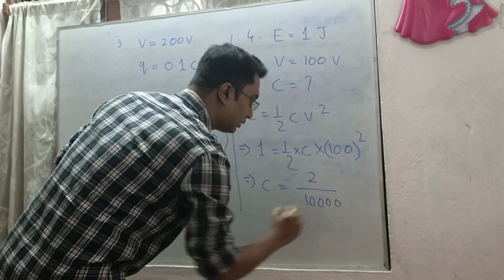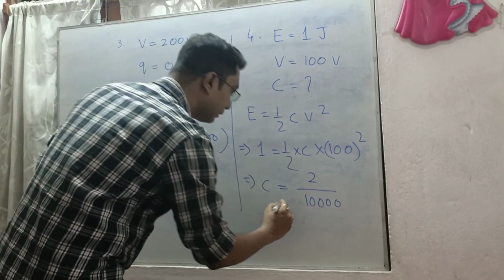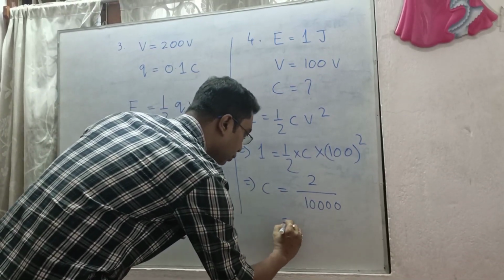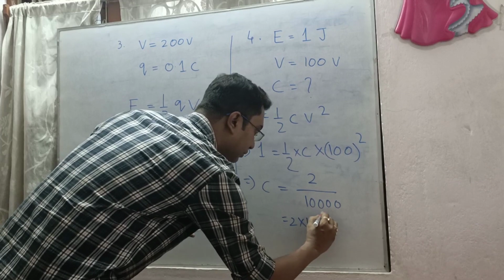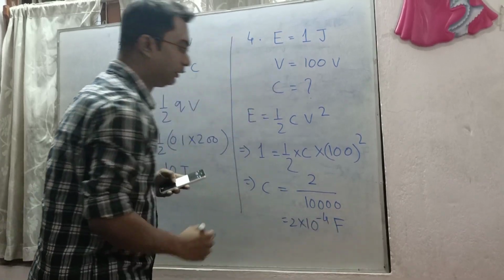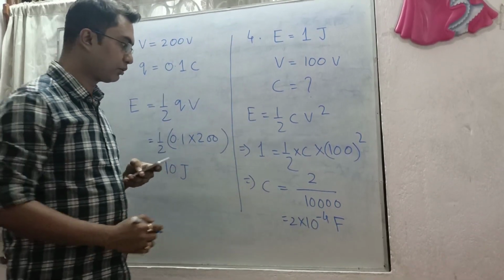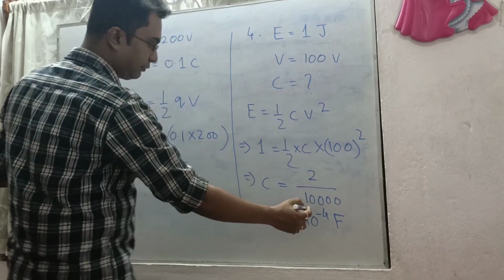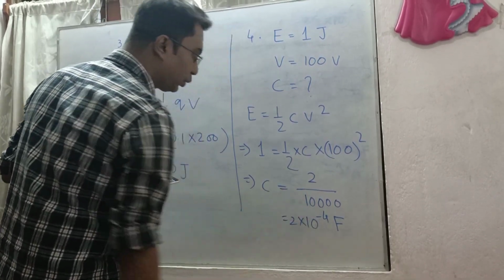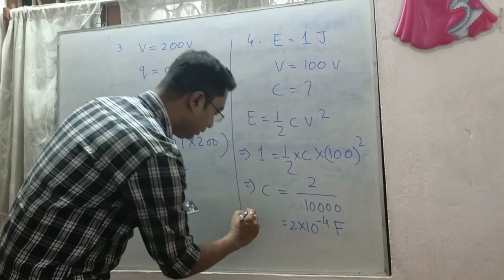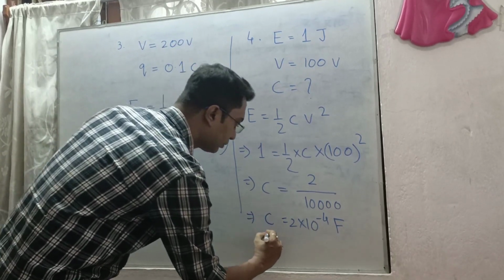So that is equal to 2 into 10 to the power minus 4 farad. You can convert it into microfarad also. If you give it a minus 6 there, it will be 200 microfarad also. However, you can put the result up to this one.